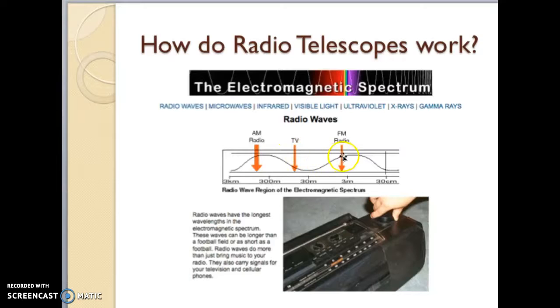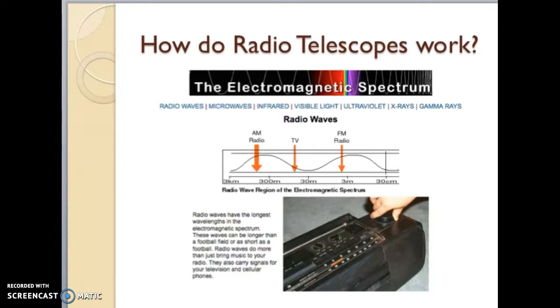The wavelength can be as large as a planet, and then as it gets smaller and smaller, larger than a building, larger than a football field, down to 30 meters, 3 meters, we're still in the broadcasting radio that we're used to listening to on FM.